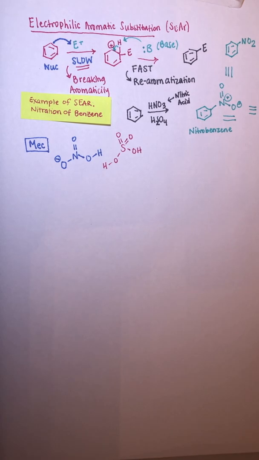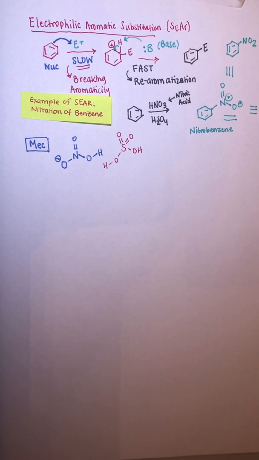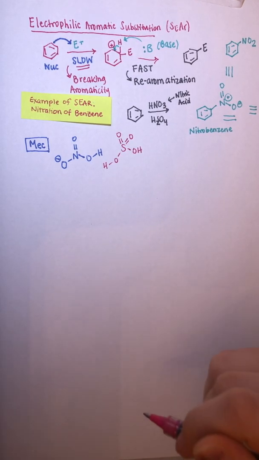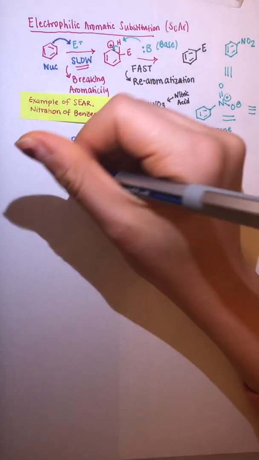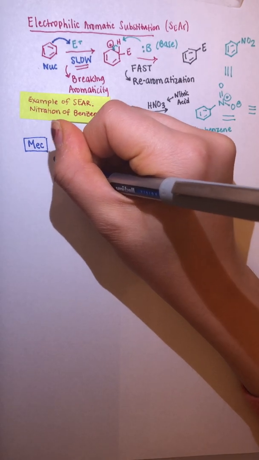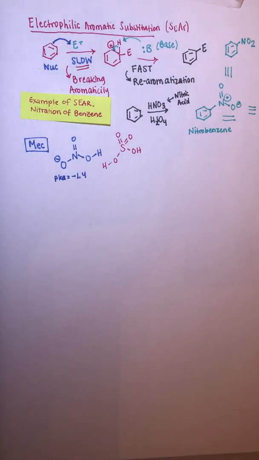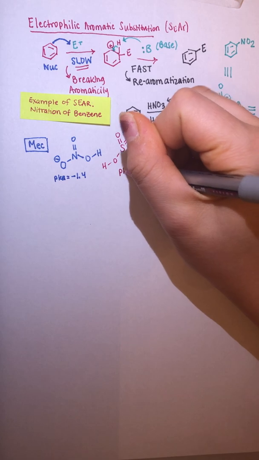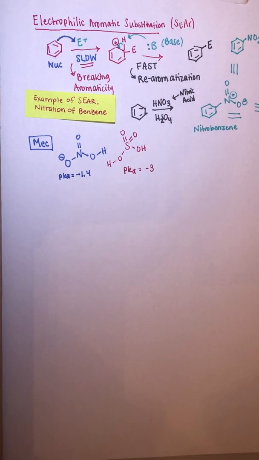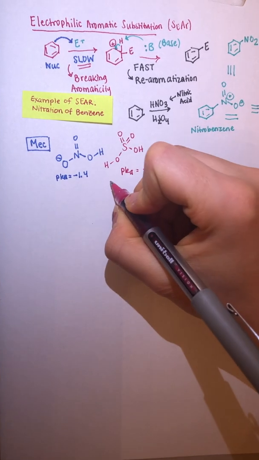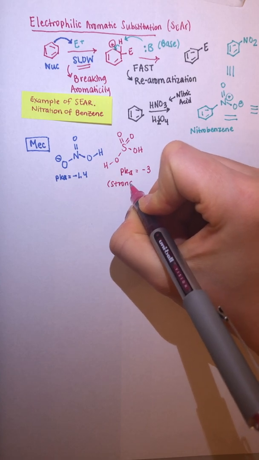And because they're both acids, now we're playing the game of which one is going to be the stronger acid that's actually going to act as the acid, right? In this case, the nitric acid has a pKa of -1.4, and H2SO4 has a pKa of -3. As you can recall from Gen Chem, lower pKa means more acidic, so therefore this is going to be our stronger acid.